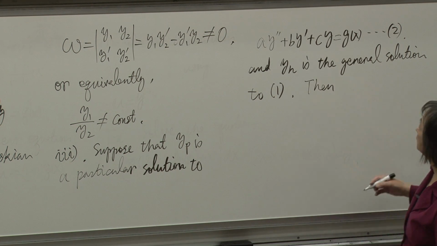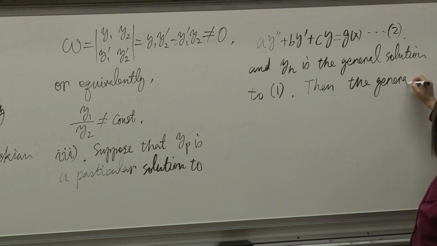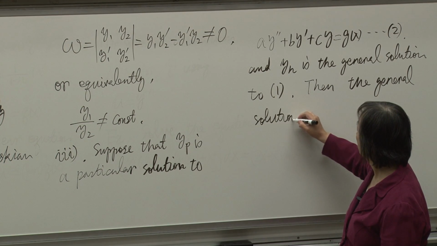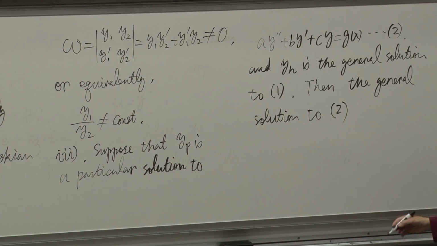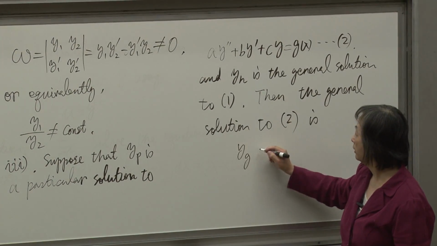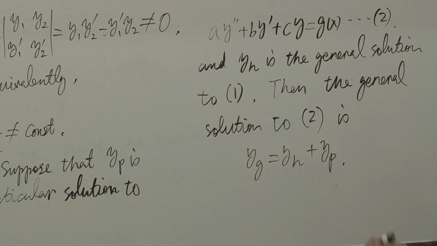Then the conclusion is that the general solution to the given non-homogeneous equation 2 is yg equal to yh plus yp.